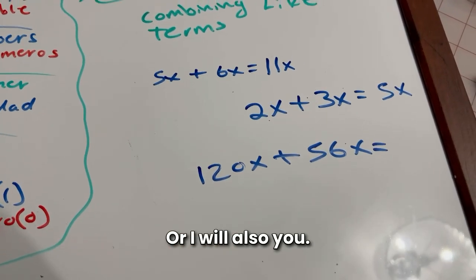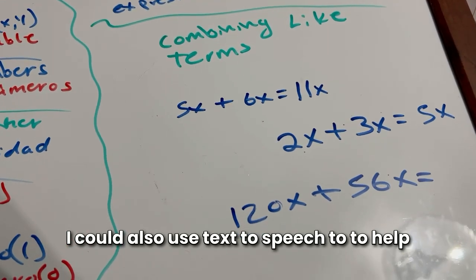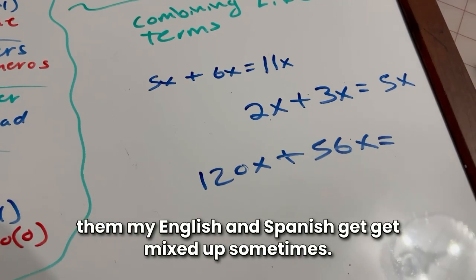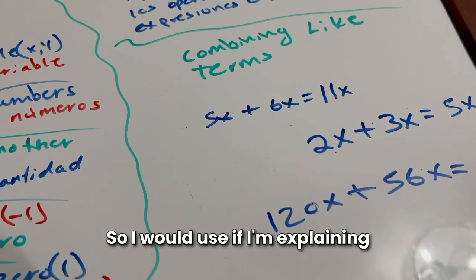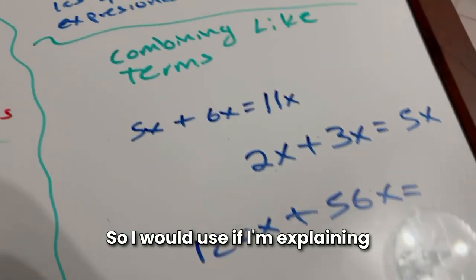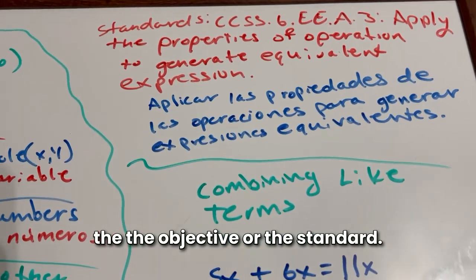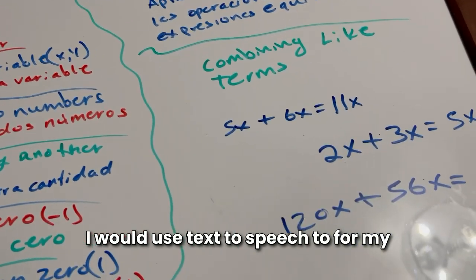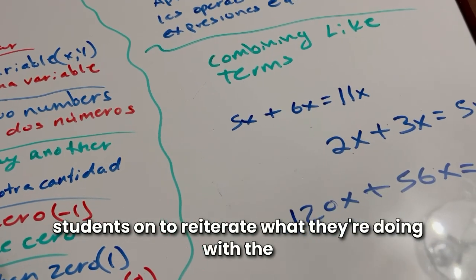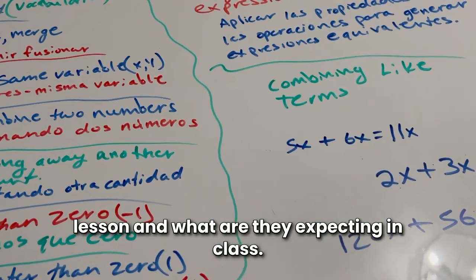Right? Or I could also use text to speech to help them. My English and Spanish get mixed up sometimes, so if I'm explaining the objective or the standard, I would use text to speech to inform my students and reiterate what they're doing with the lesson and what is expected in class.